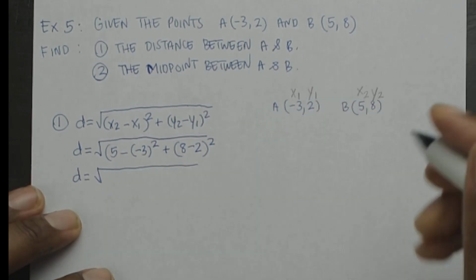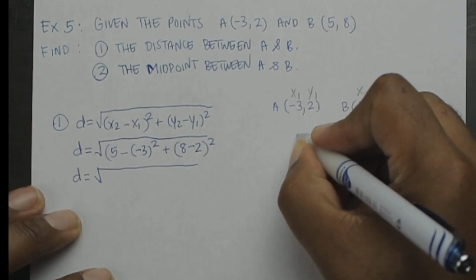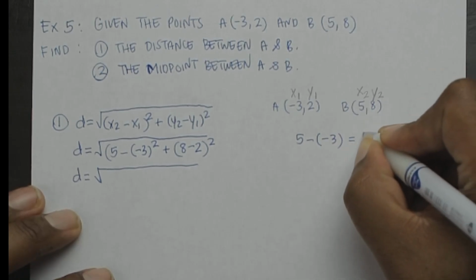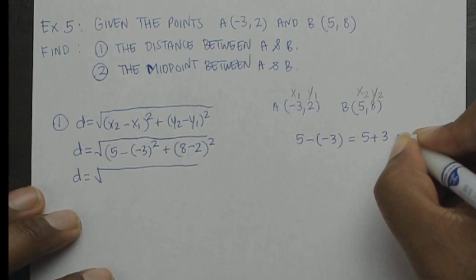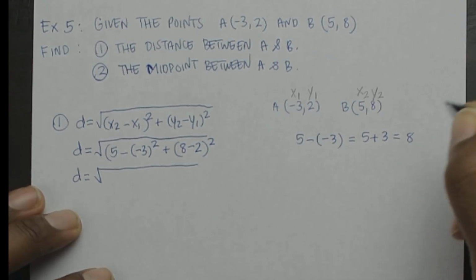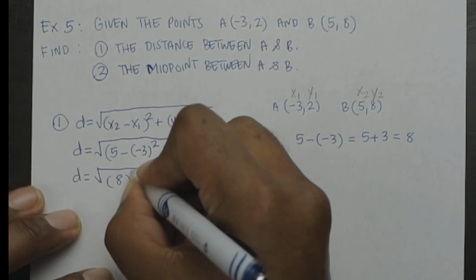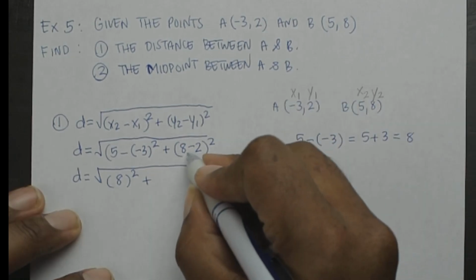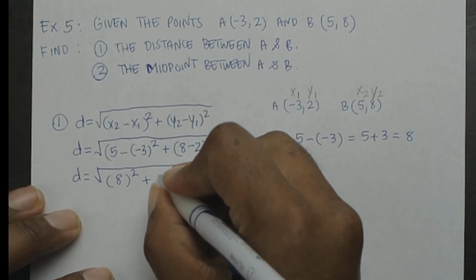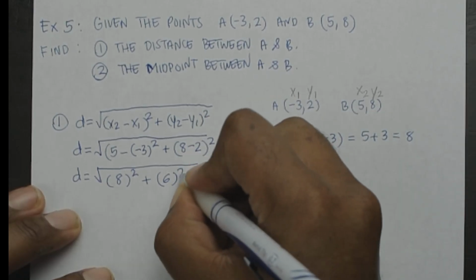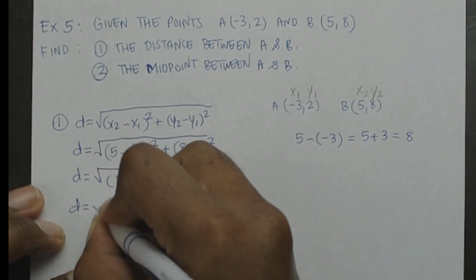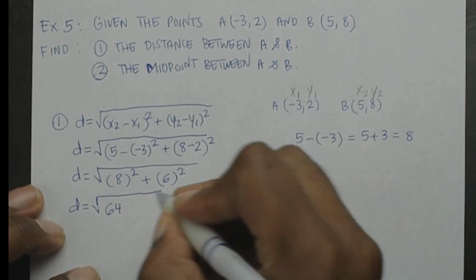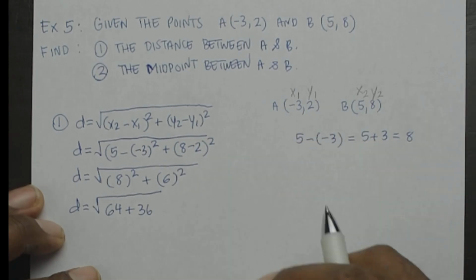So once we get there, then we can just compute this. Again, this is where you have to be careful. So we have 5 minus a -3, which is the same as 5 plus 3, which is the same as 8. So we have 8 squared over here. Then we're going to add 8 minus 2. 8 minus 2 is going to give us 6 squared. And then from there, we have 64. 8 times 8 is 64 plus 36.